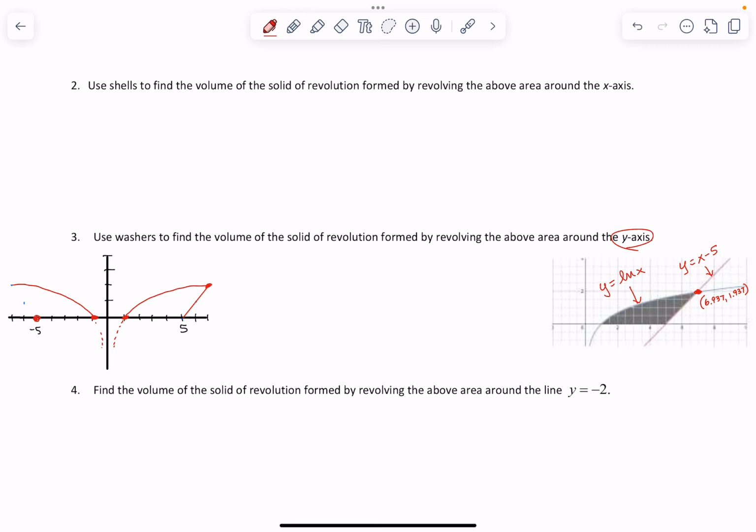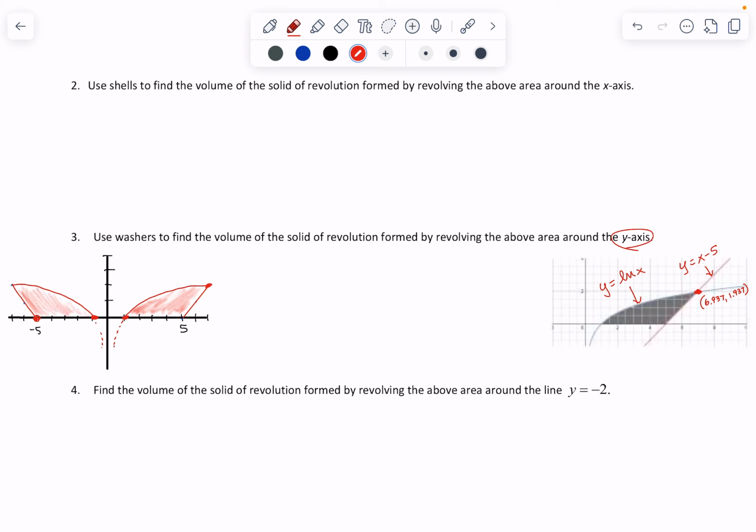And then here's the line y equals x minus 5 reflected over right here. And so now we have this shaded region. If we shade that in a little bit, there's our shaded region on each side.